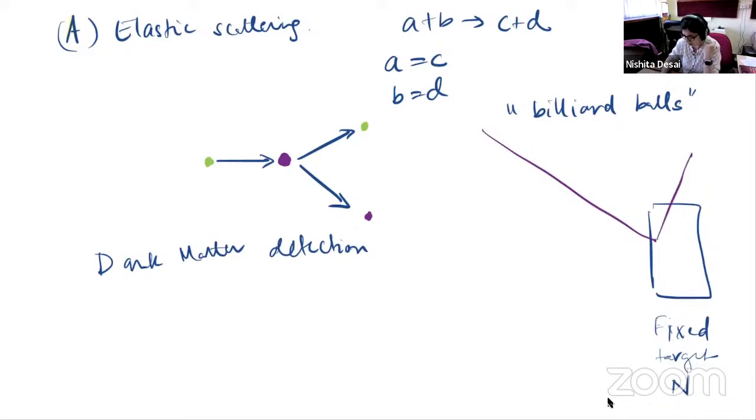That hitting your detector would essentially jiggle the heavy nucleus that you have in your target a little bit, enough that you can detect it. So that's how most of these direct dark matter detection experiments work.